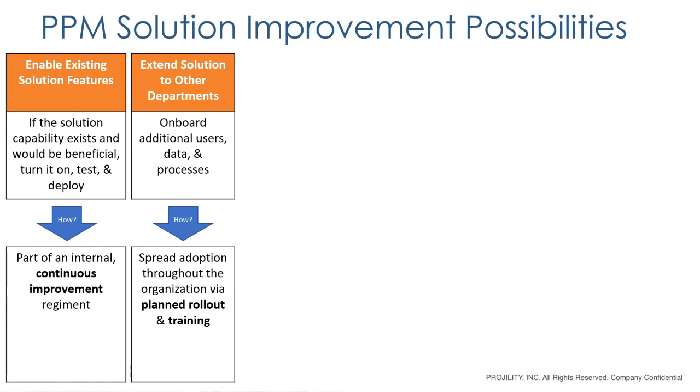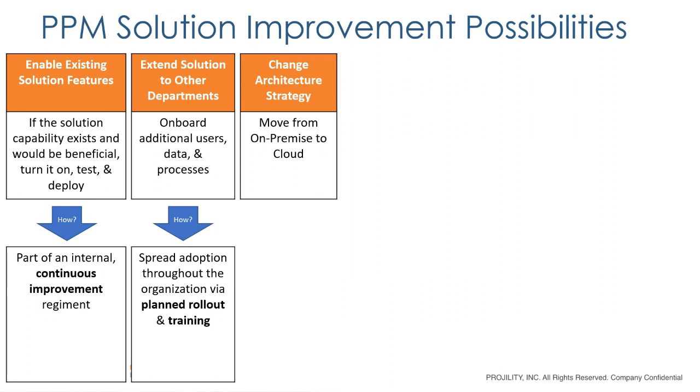And so the way you're going to spread this adoption throughout the organization is you're going to plan a rollout. And with that rollout, you're also going to make sure that your users are prepared, and you're going to plan some training. So this is going to be through a systematic planned rollout process, not just bring them on board and let them play. Really put some thought and some time into it and have a plan.